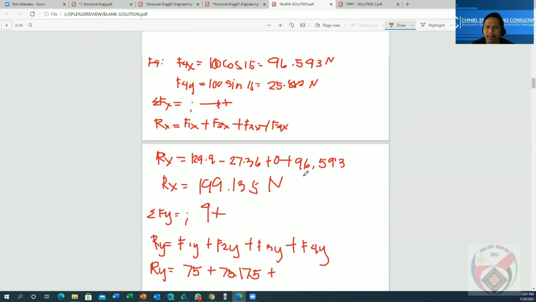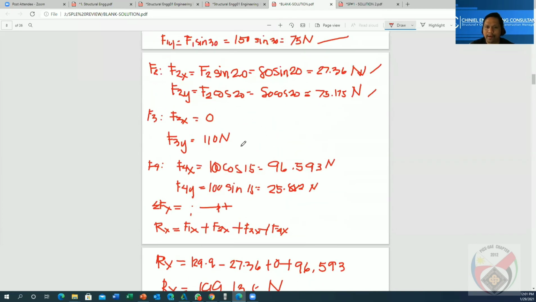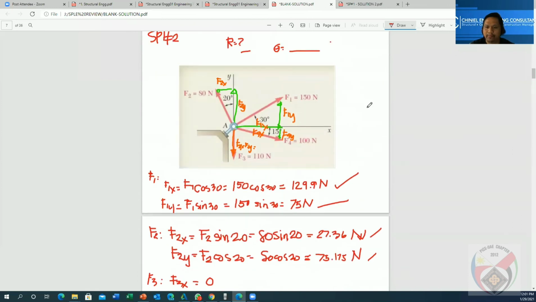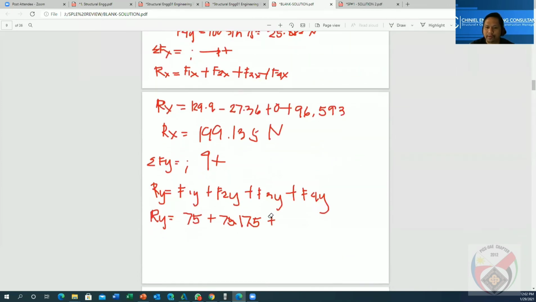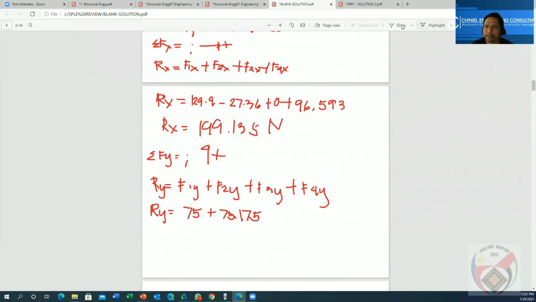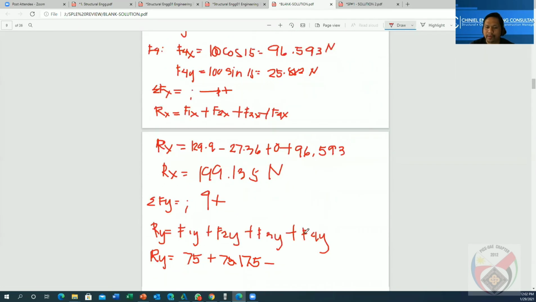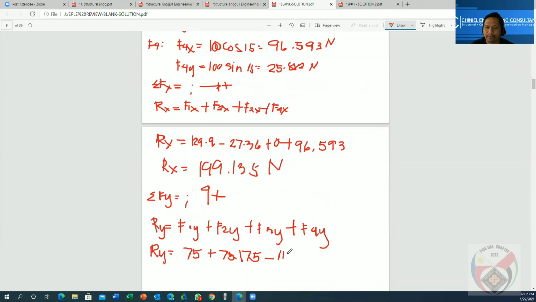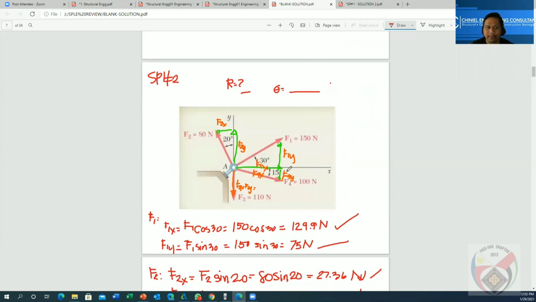Plus F3y. F3y is going down, so it will be negative, which is 110. Then F4y is again negative since it's going down here.